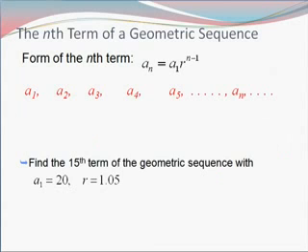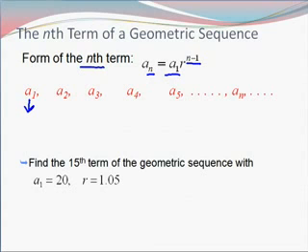Sometimes you are going to want to find the nth term in a geometric sequence. And the way we go about doing that is using this formula. You can find any term in your sequence, a_n, by using a1 times r to the n minus 1. Let's take a look at why it's n minus 1.